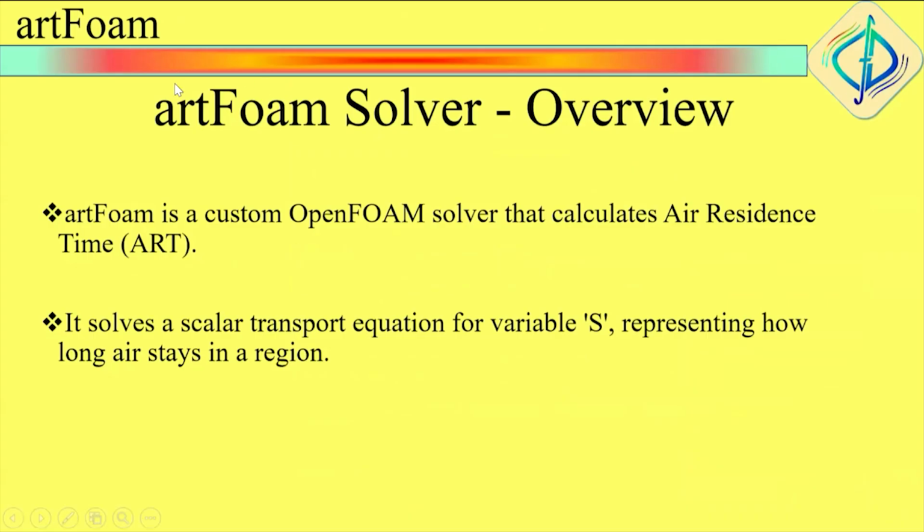ARTFoam is a custom code developed in OpenFOAM that calculates the air residence time in a particular field. Hence, it is given the name ART, and it solves the scalar transport equation for variable S, which represents how long the air stays in a particular region.